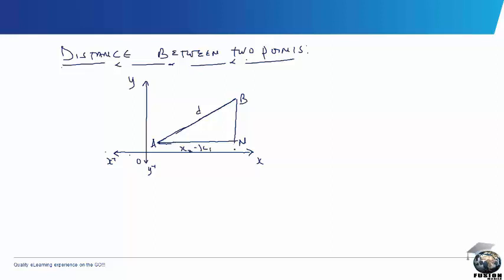That means points on the parallel x line, x1 and x2. Meanwhile, the distance between this side, points on y, y2 and y1, is equal to y2 minus y1.